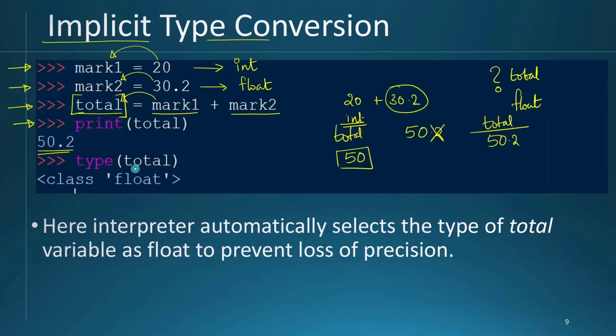After that, if I print the type of total, you can see the interpreter returns that it is set as a floating point value. Now the last statement is what I have discussed with you now. Here the interpreter automatically selects the type of total variable as float to prevent loss of precision, because if it was an integer, then I can store only 50, and you can see we lost the precision, right?